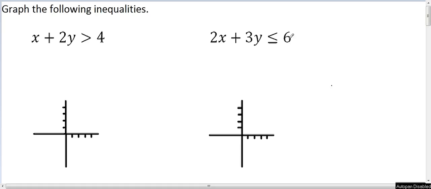Graph the following inequalities. x plus 2y is greater than 4. Let's solve this inequality for y. So we subtract x from both sides of the inequality first.